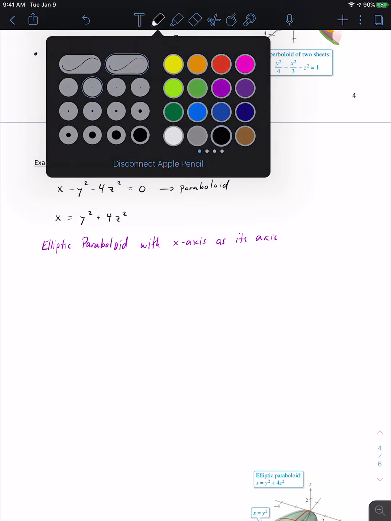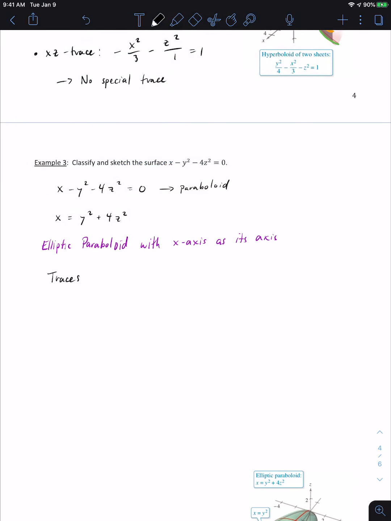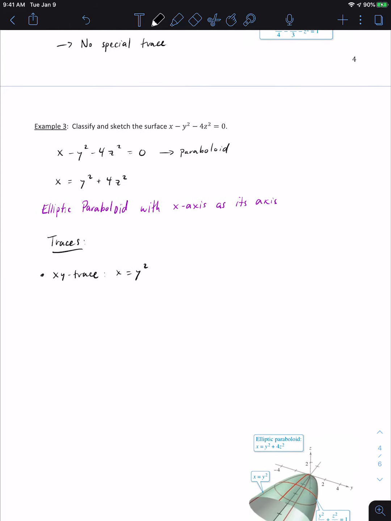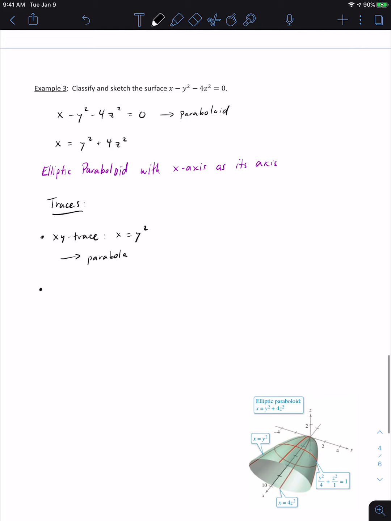So once again, we're going to find our traces. My xy trace is going to be x equals y squared. X equals y squared, we know, is a parabola. Then we can have the yz trace, and the yz trace is going to be y squared plus 4z squared equals 0.